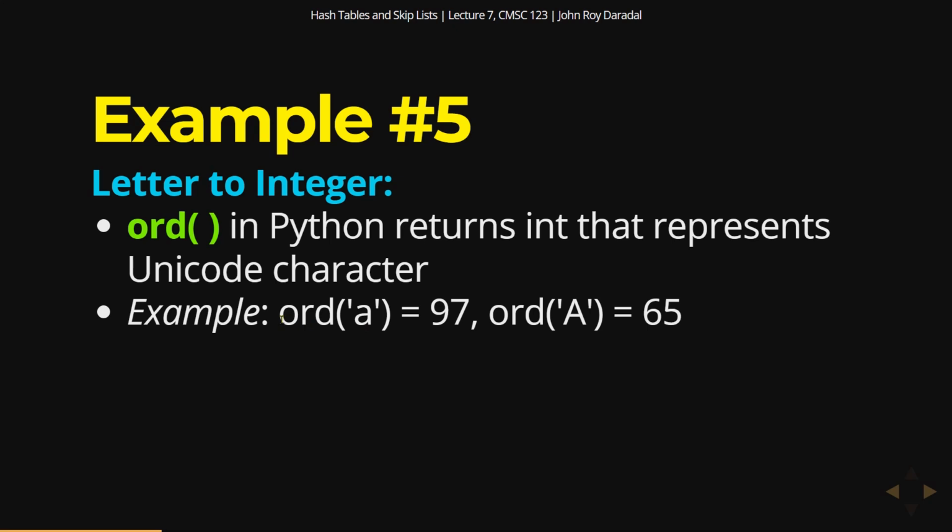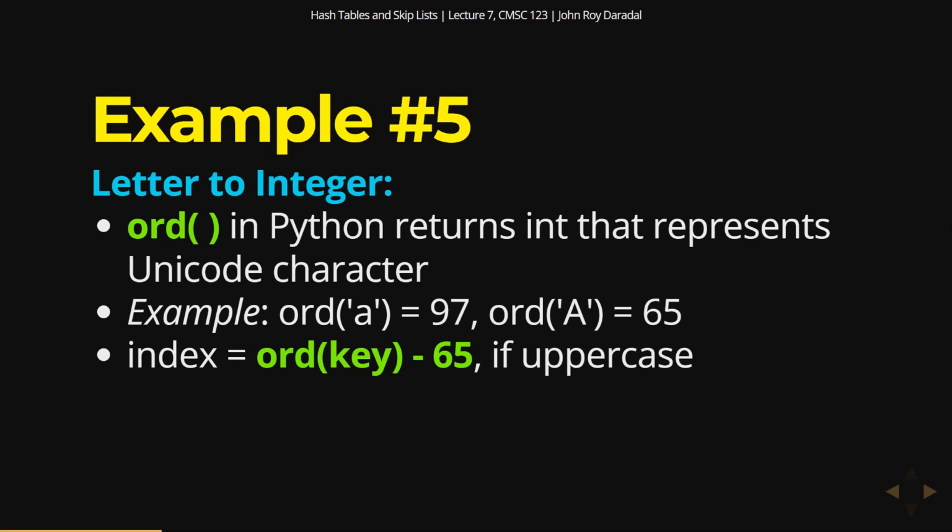For example, if you call ord on the small letter a, this would be 97 because that is the ASCII value of small a. But if you call ord of capital A, that would return 65 because that is the ASCII value of the capital letter A. So you can use the ord function to get the numerical value for a letter.